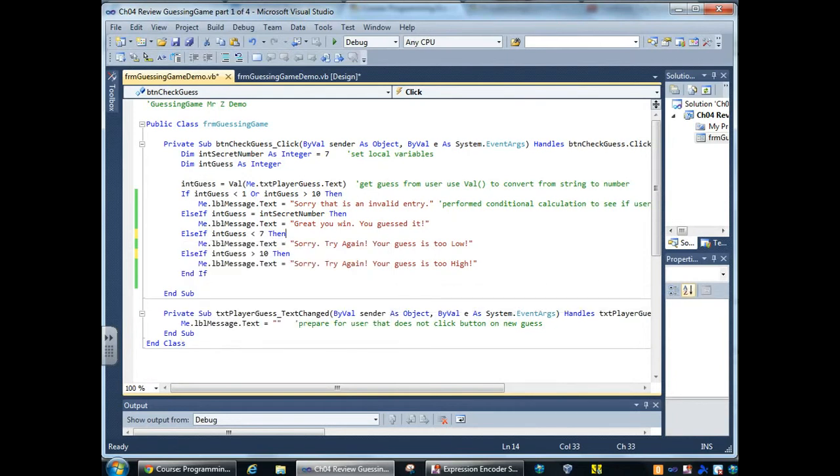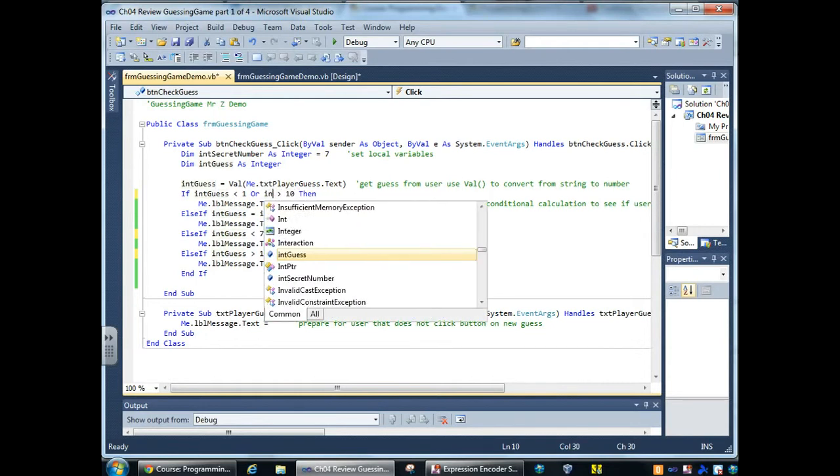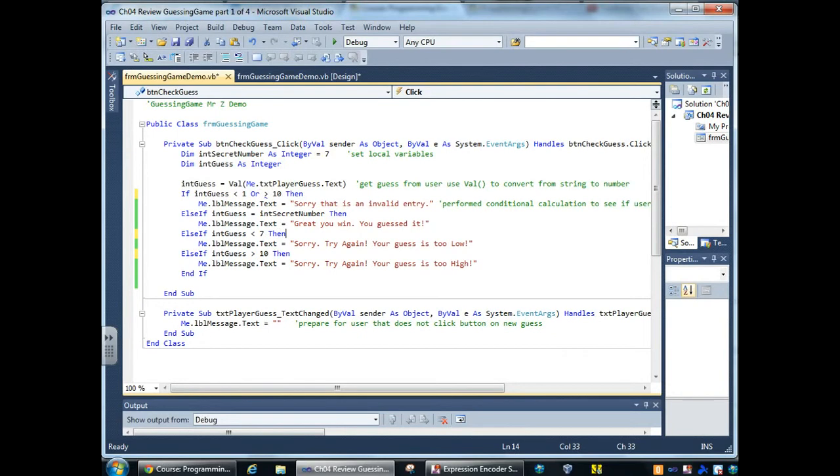And also the other thing, when we see if guess is less than 1 or guess greater than 10, what I'll see people do when they're typing it in, I mean, you and I can read this, if int guess less than 1 or greater than 10, we read that and we know that we're talking about guess on both sides of the or, but notice there is an error message there saying expression expected.